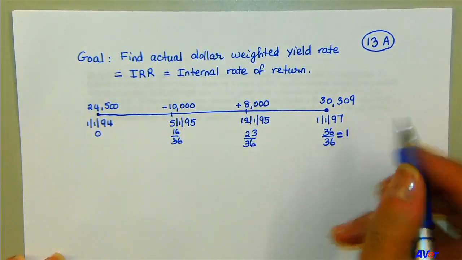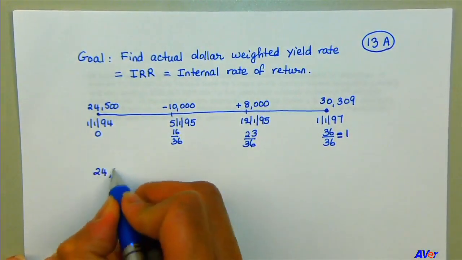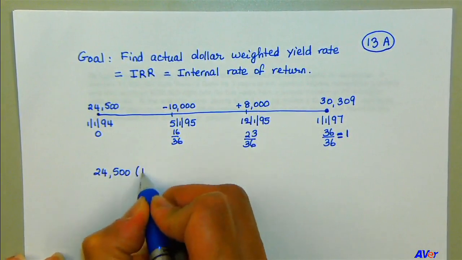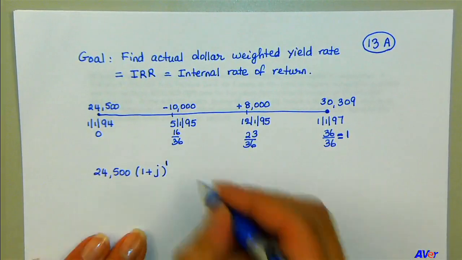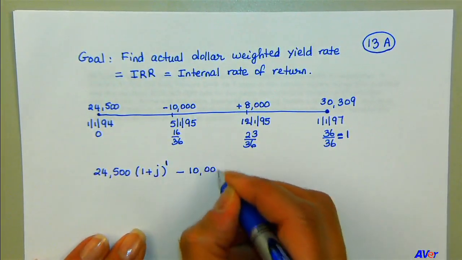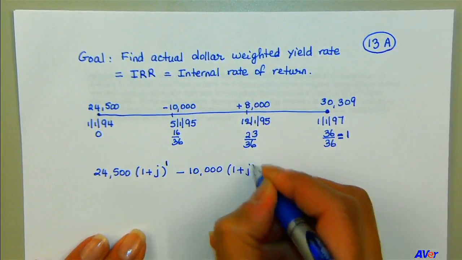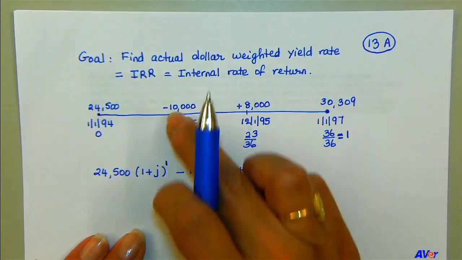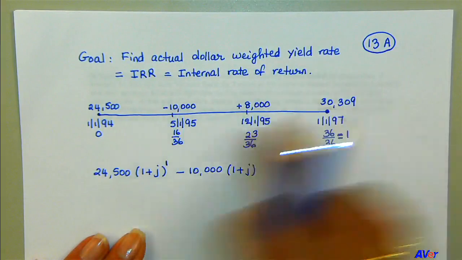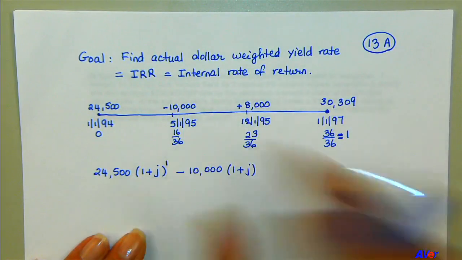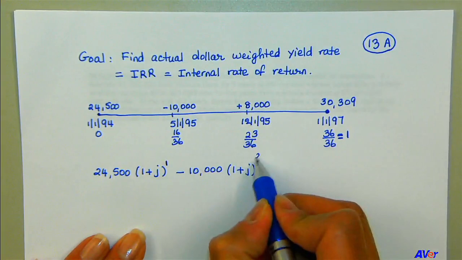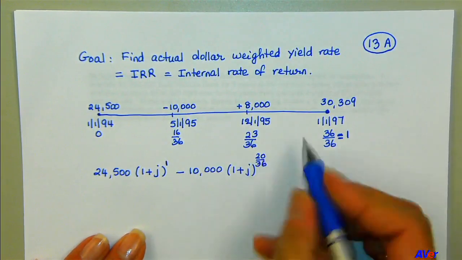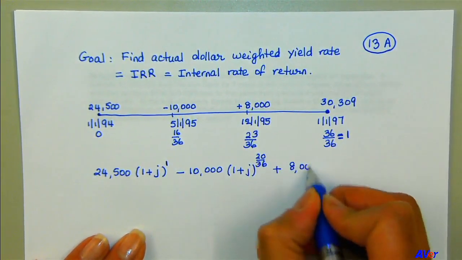So let me write my equation. 24,500 times 1 plus j to the first power, minus 10,000 times 1 plus j to however much time is left to grow. So if I am at 16 over 36, this will grow for 20 out of 36, right? Plus $8,000.